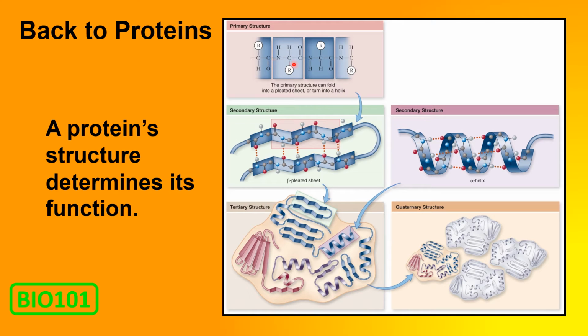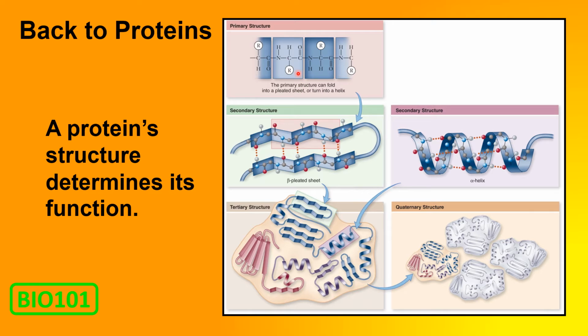So the primary structure of a protein we see up here. Primary structure is the first level. It's just the big long chain of amino acids joined together by peptide bonds.